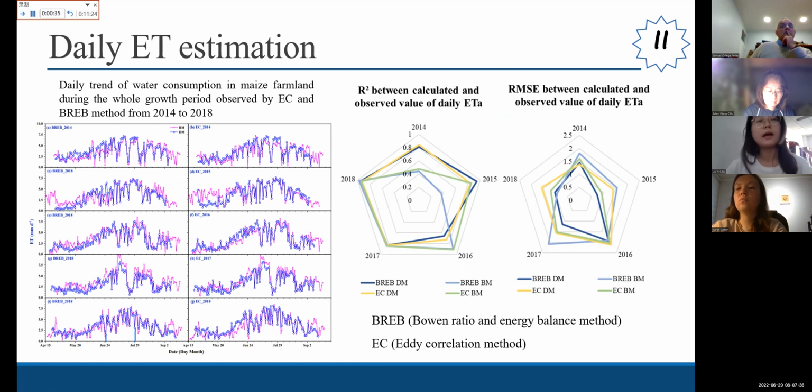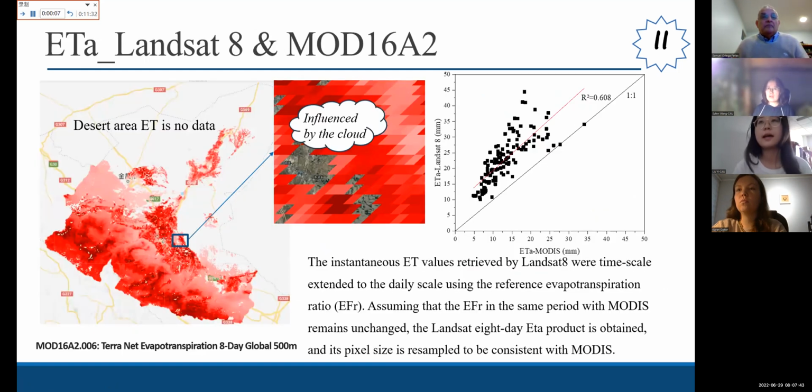Although 90% of the flux contribution source area is distributed within 150 meters of the observation point, which is greater than the resolution of Landsat 8, the flux value and ETA in a small range still need to be verified intensively.